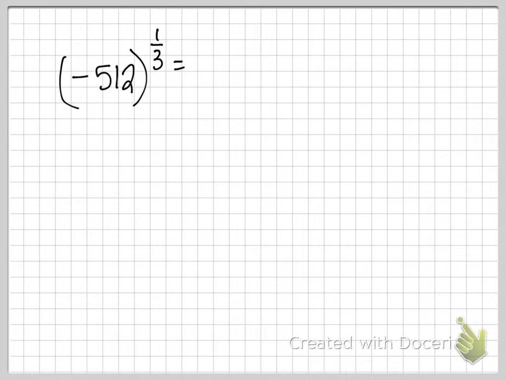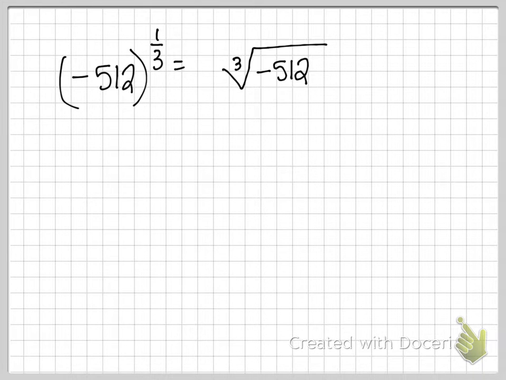Okay, let's simplify this. Negative 512, that's our base, and it is taken to a fractional exponent. What do we do with that 3? It becomes the index of the radical. What is our radicand? Negative 512. Good. The base is the radicand, so underneath our root is that base, negative 512.